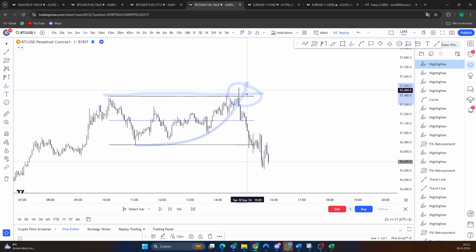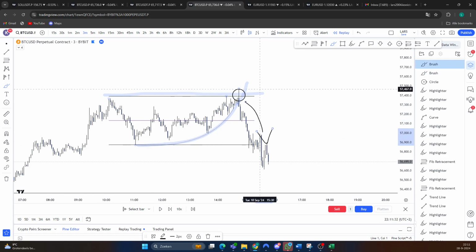Where we deviated, and then that's that crossing area right here, what I told you guys in the lecture. It's that crucial crossing area. So when we break structure, right in that area, the move down will be fast. That perfect build-up. It was a perfect build-up.